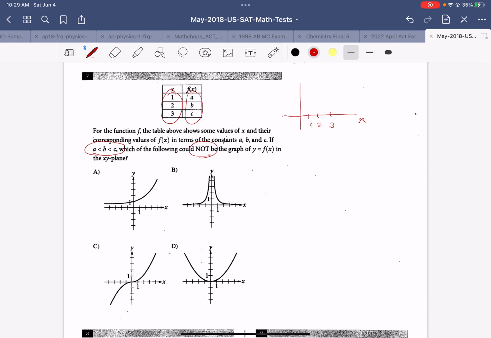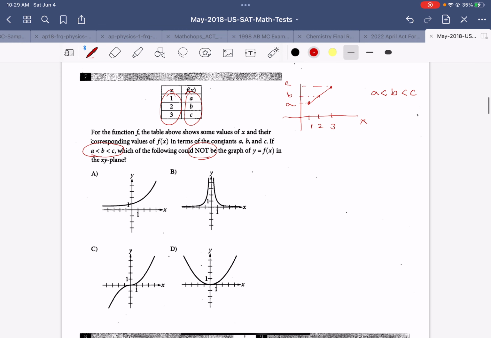But it'll increase. I don't know if it increases linearly or exponentially. But what I do know is a, b, c, since a is less than b, b is less than c. So the important thing about this graph is in quadrant 1, your graph should increase.